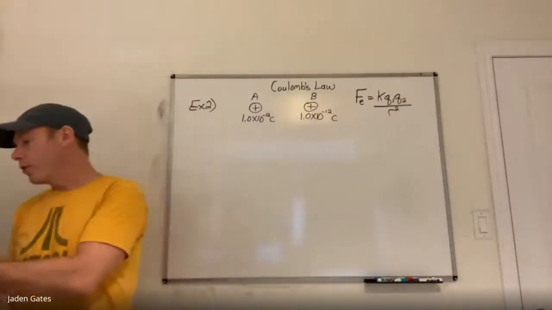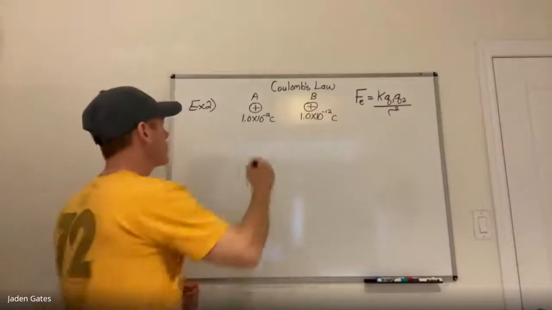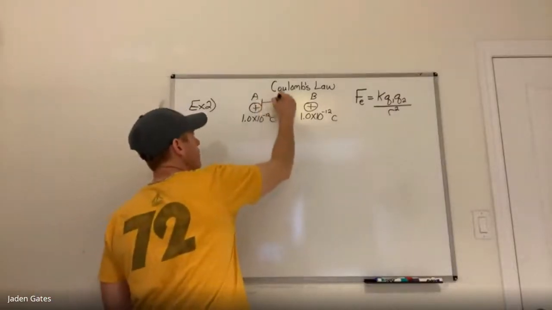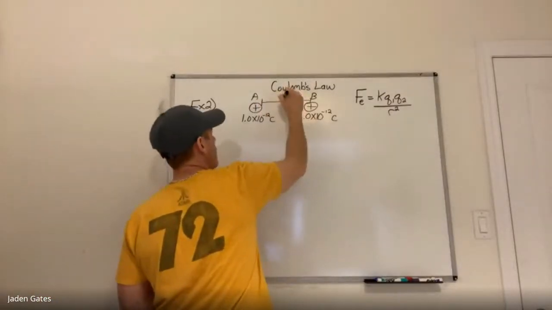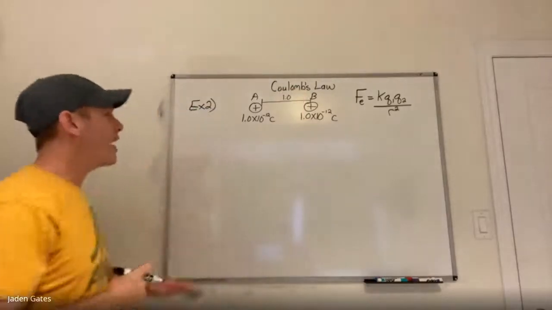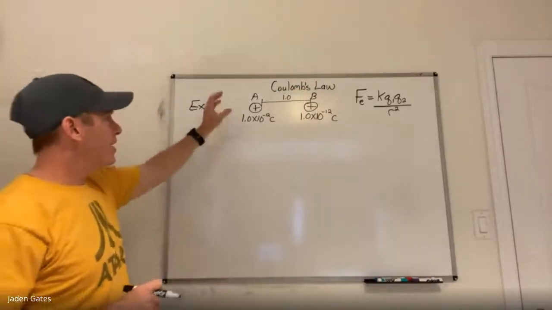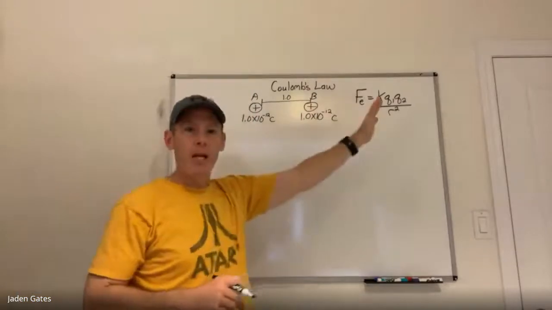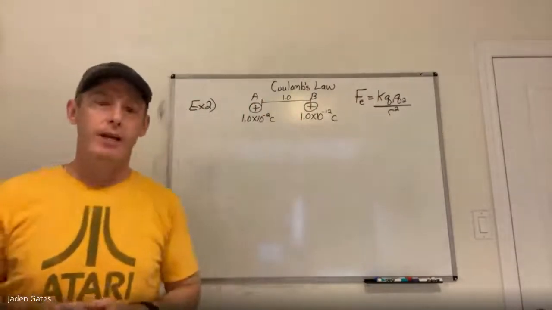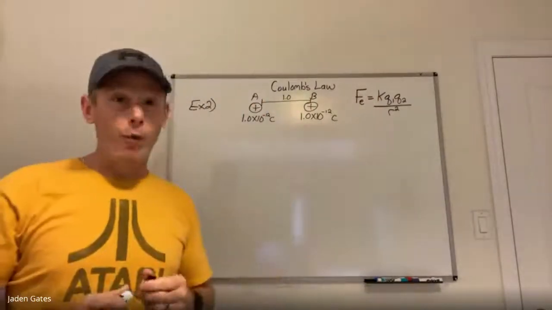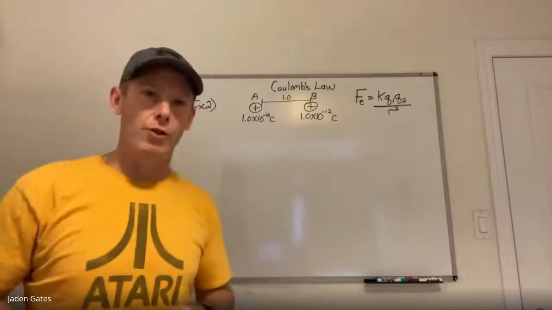Now, hold on here, I jumped the gun. Distance between the two of them, 1 meter. All right, so now what I can do is that A puts a force on B and B puts a force on A. And because of that, the forces are actually going to be equal, but the directions will be different.